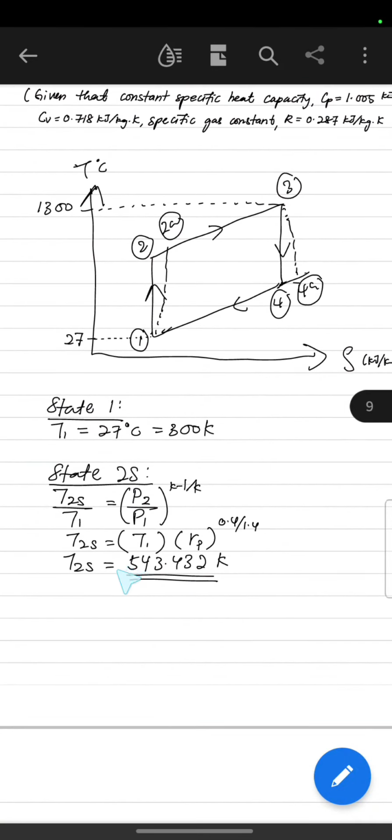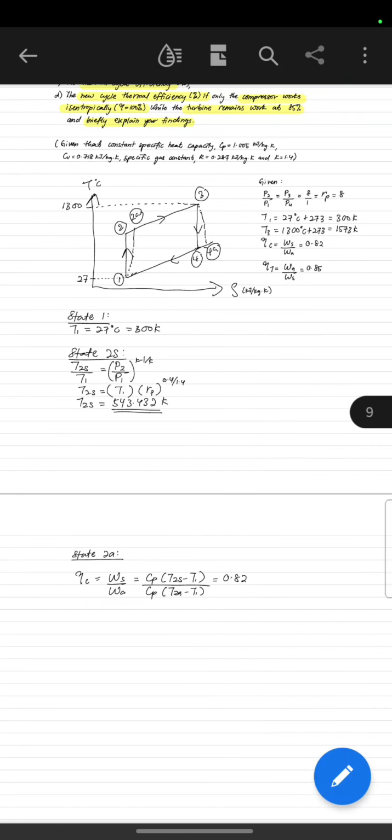So this is the result for T2S, right? So where is your T2S? Your T2S actually is here. If I may rewrite it back, your T2S is here.